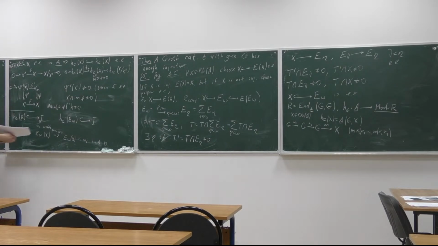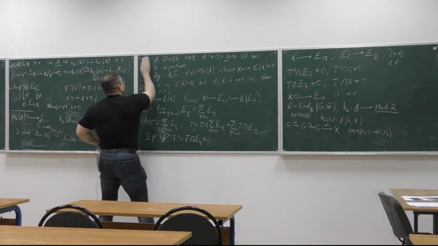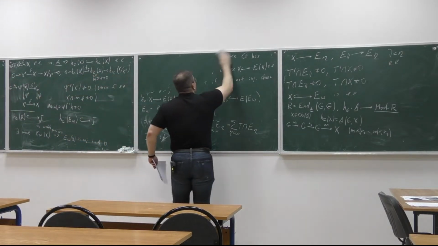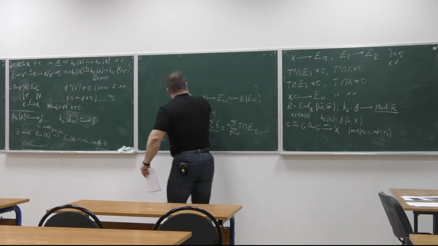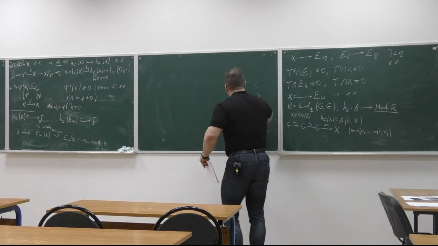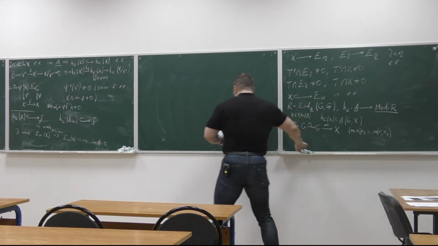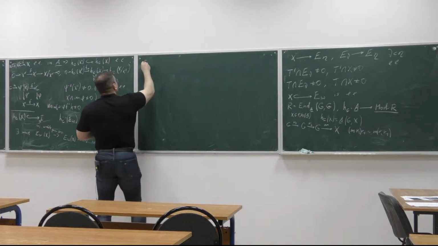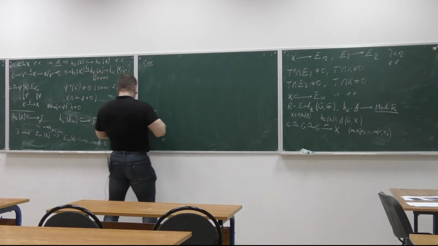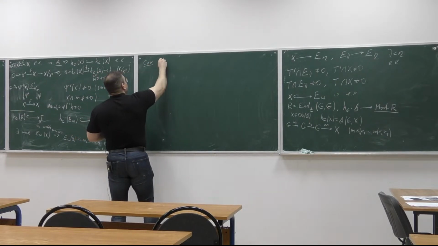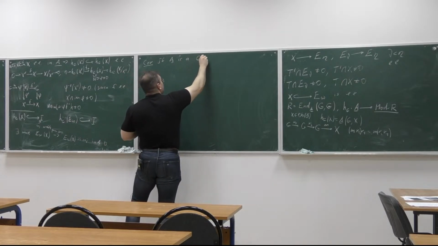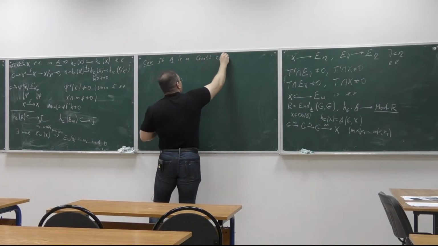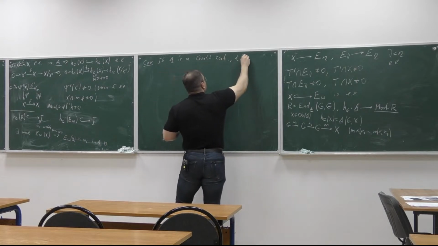Just to be precise, I'm going to formulate two corollaries which don't require any proof. You'll get this for free. Or it's just important to notice that we have this. So, corollary. If A is a Grothendieck category, then we have two things.